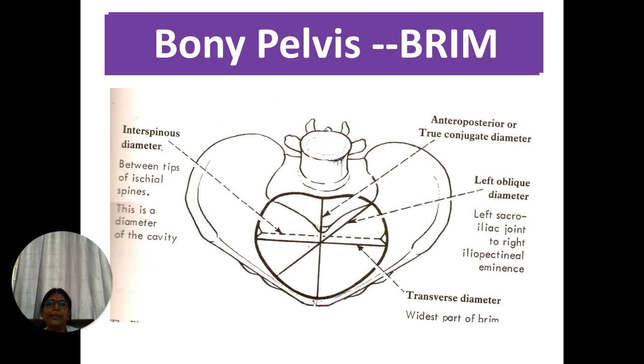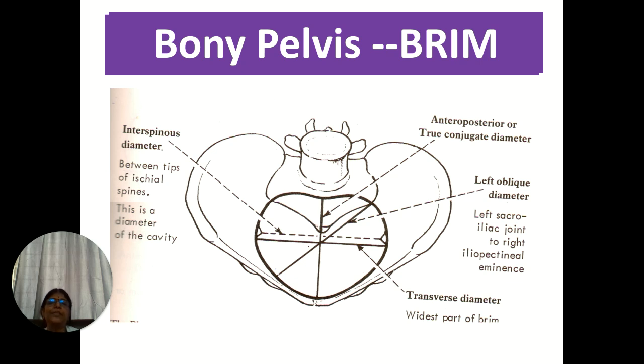Coming to the oblique diameters, the left oblique and the right oblique diameter. The oblique diameters start from the sacroiliac joint on one side to the iliopectineal eminence of the other side, and these are named right or left depending on which side they belong to. These are around 11.5 to 12 centimeters.